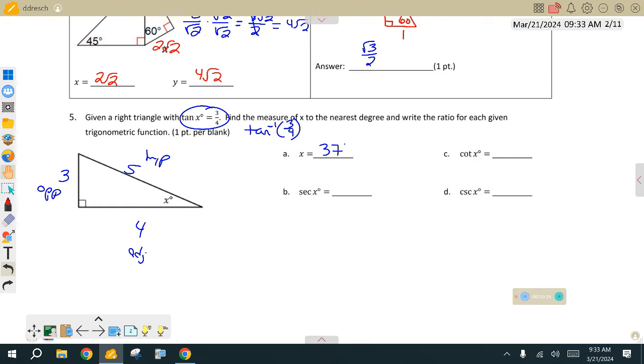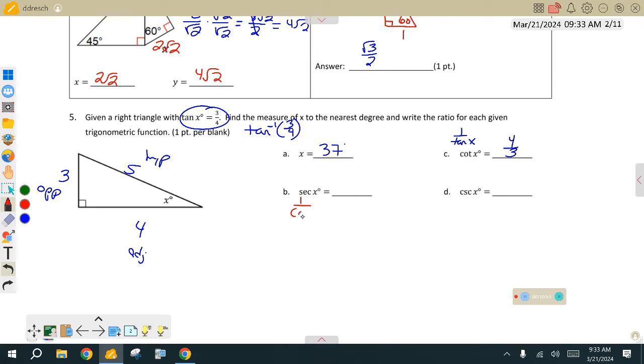All those reciprocal functions are the flips of all my originals. We get cotangent immediately because we get tangent to start off with. 1 over tangent. So what is that? 4/3, right? Okay, secant. Secant goes with what? Secant is reciprocal of cosine.